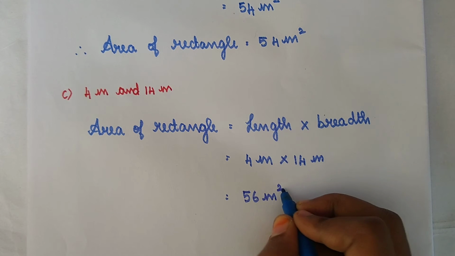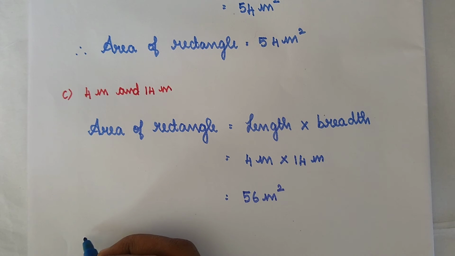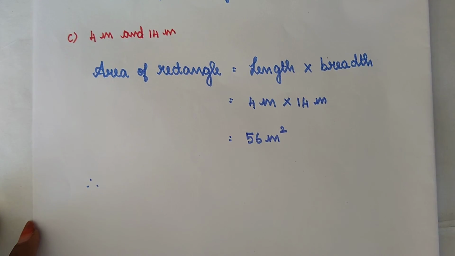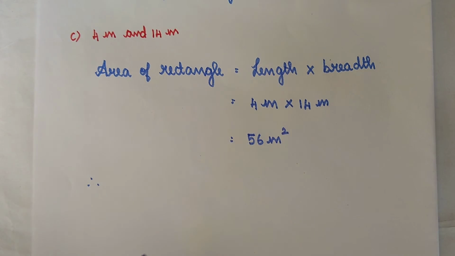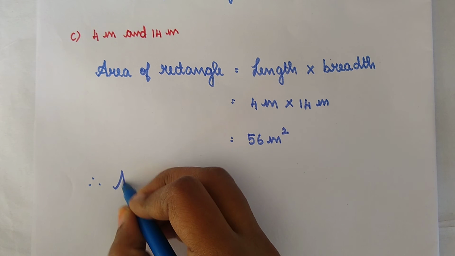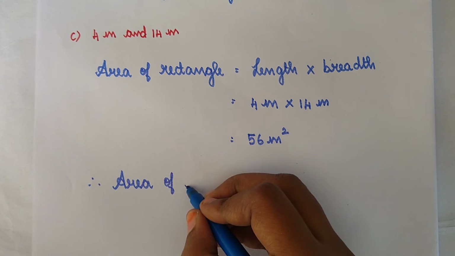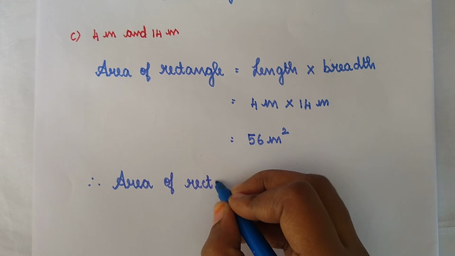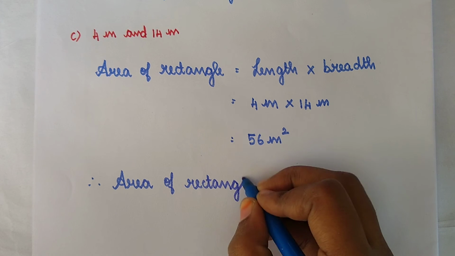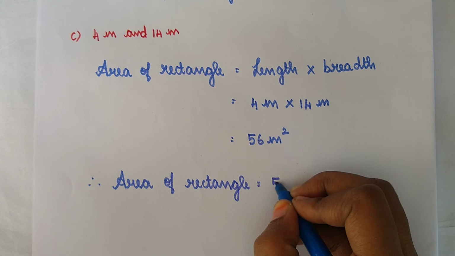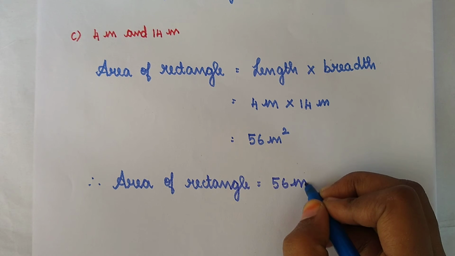Here the unit is meter square. Therefore area of rectangle equals 56 meter square.